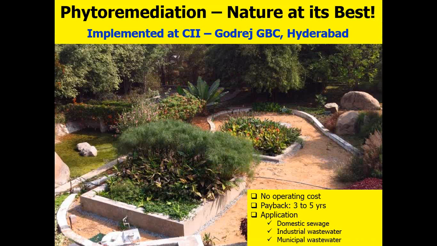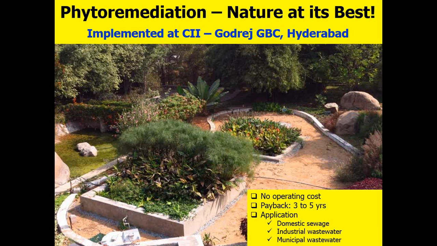Phytoremediation is the biological way of treatment which I mentioned in the previous slide. The picture you are seeing is the existing phytoremediation plant at our CII GBC center, which we implemented last year. All the wastewater coming from our site is treated through this phytoremediation, and we use it for our irrigation purposes.